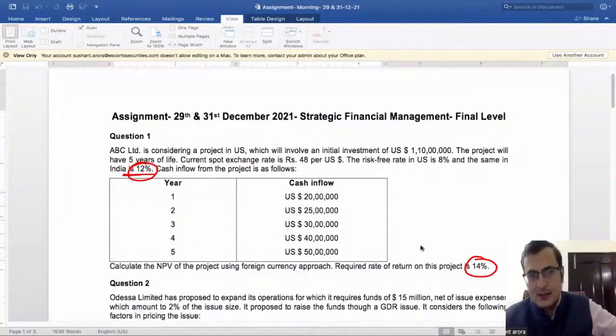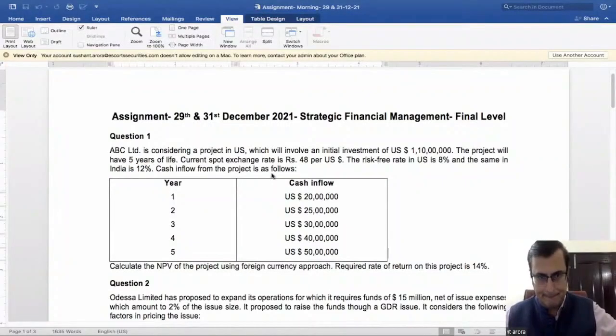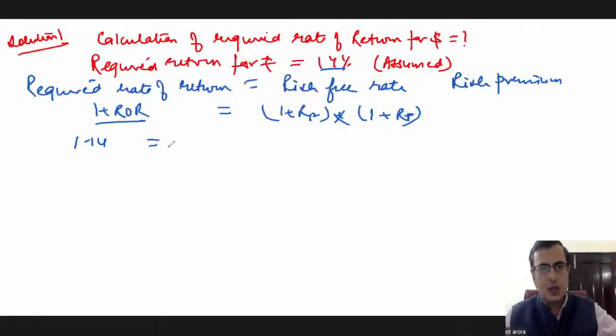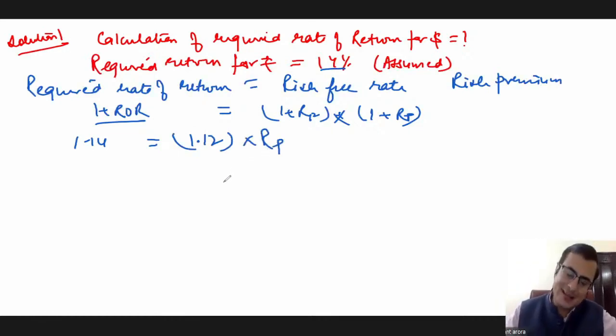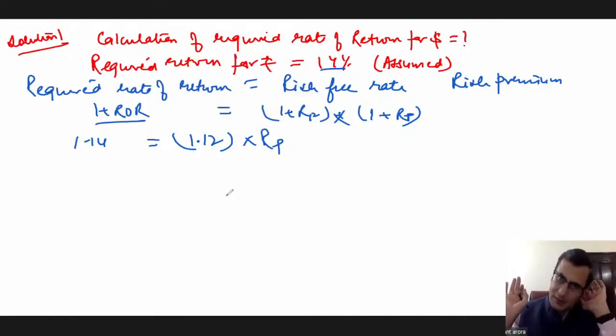So let's calculate that. 1.14 is equal to 1.12 into the risk premium. We are calculating the risk premium for INR so that it can be incorporated for US dollar. You are getting my point?